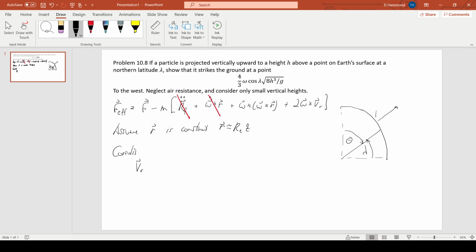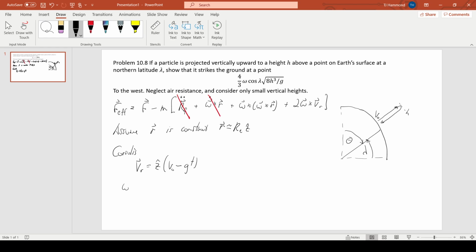So this thing's going to have some initial velocity, and of course it's going to go up, and then eventually it's going to come back down, and this maximum distance it travels is going to be some height h. So this velocity is going to be in the z hat direction, and we're going to have some initial velocity, but because of gravity it's going to pull it back down to Earth. Okay?